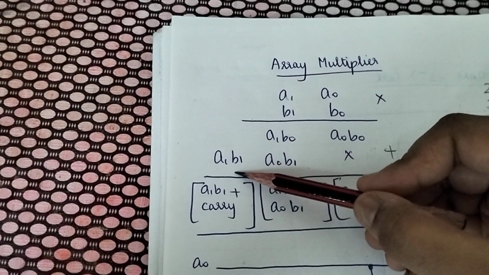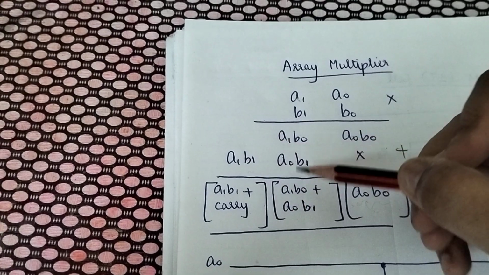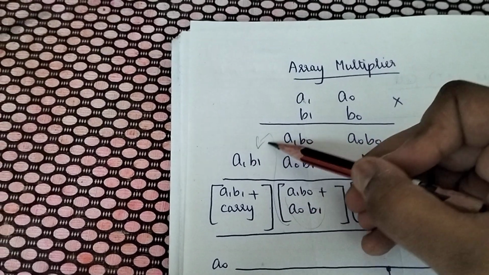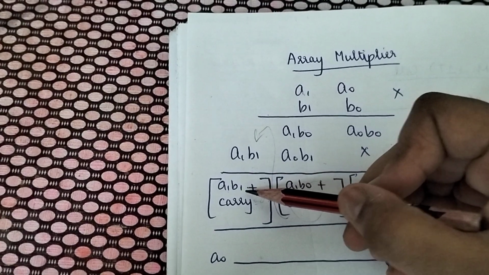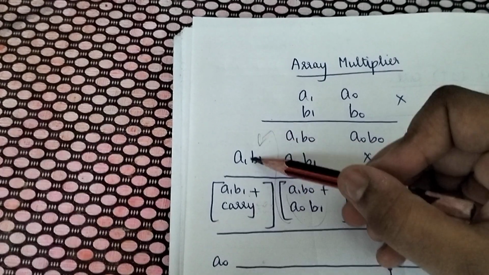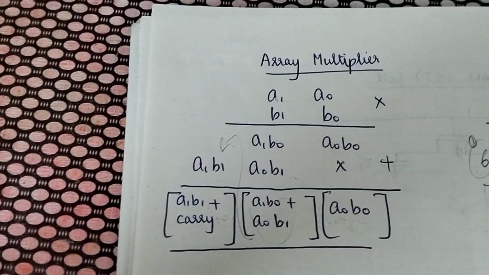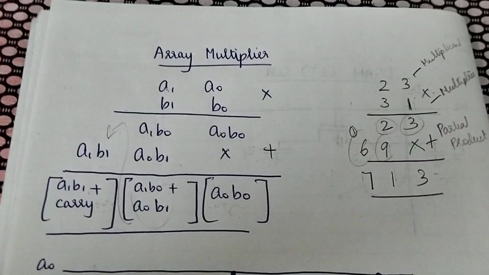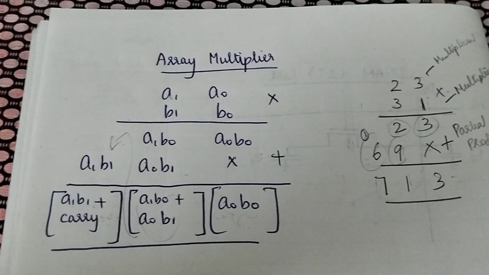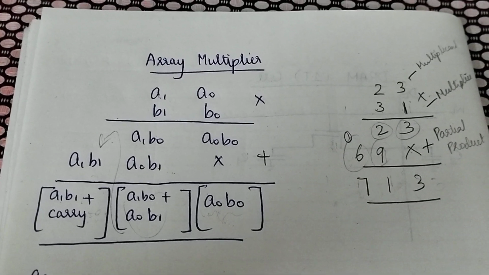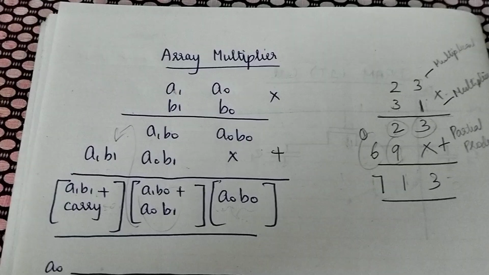And the third digit will be A1B1 plus a carry generated from this addition, if any. If there is no carry, this bit becomes 0 and your answer is just A1B1. If there is a carry, you add that with this partial product to get your answer. And in a 2-digit cross 2-digit multiplication, generally your result will be at most 4 digits. So this is the general way of multiplication.